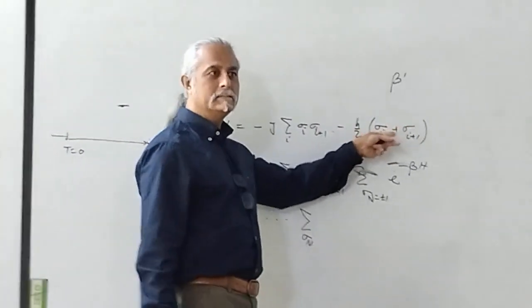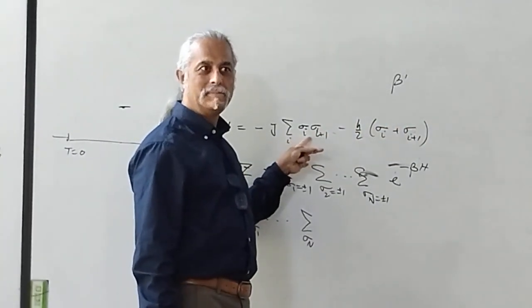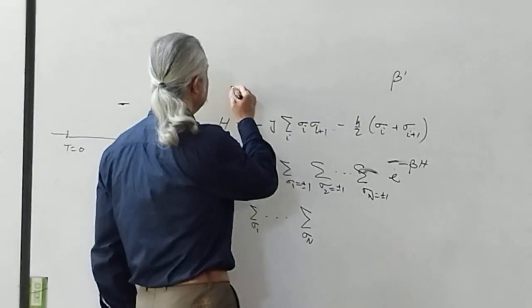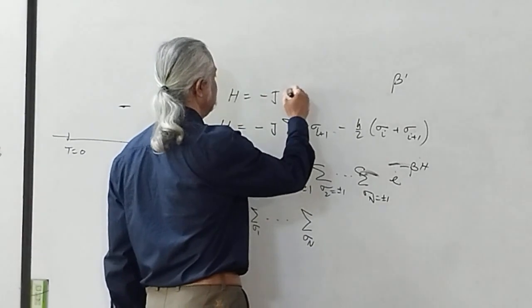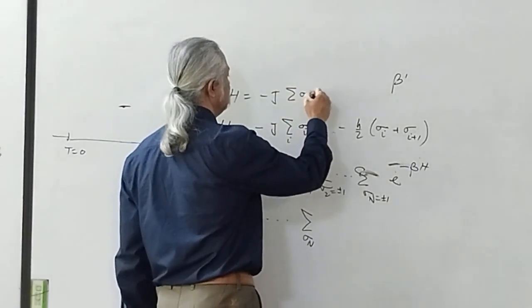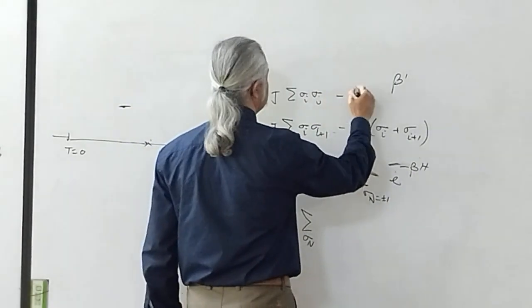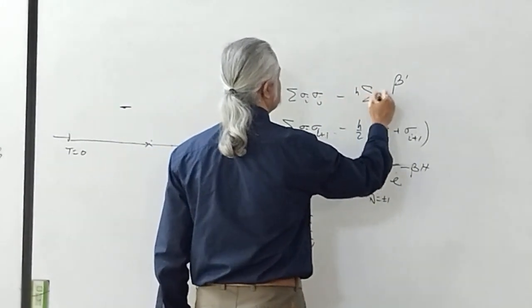We have written this in a symmetric form. Originally it was not in this form. Originally it was H equal to minus J sigma i sigma j minus h sum over sigma i.